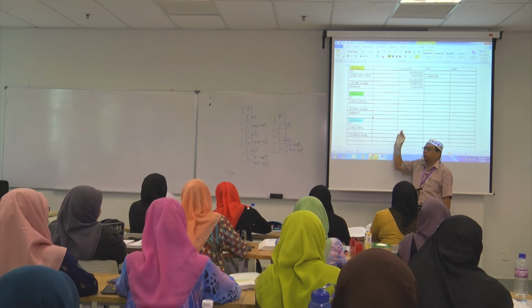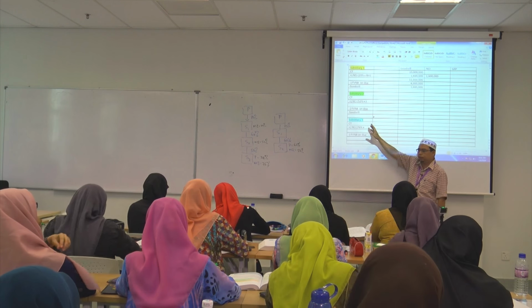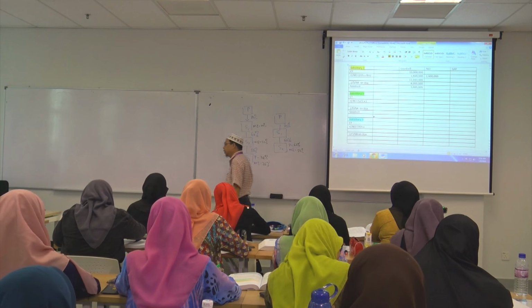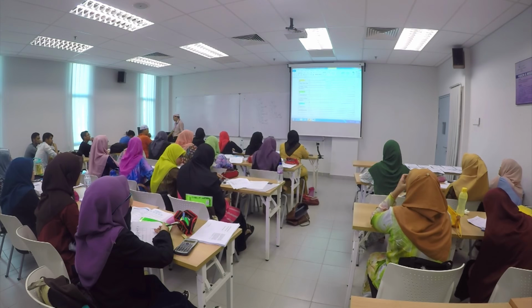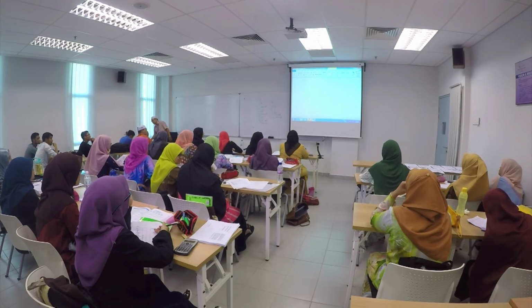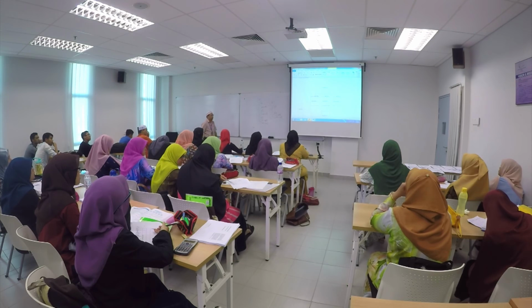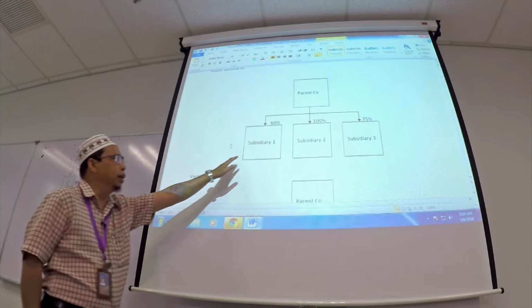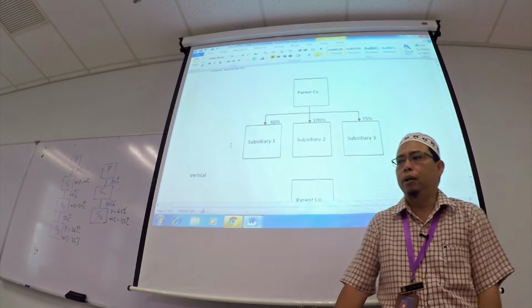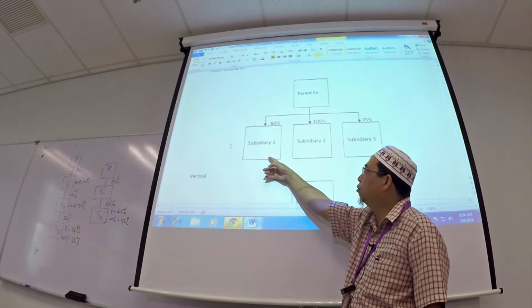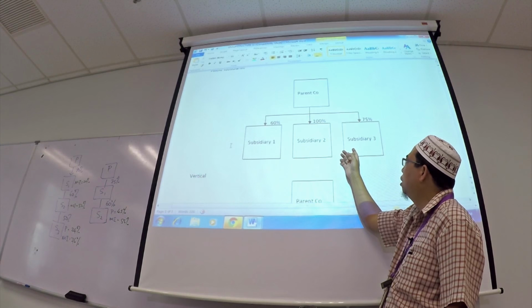Okay. So if you want to apply this to our earlier case, if you look at this group structure, so we have subsidiary 1, 2 and 3, but we will only calculate for subsidiary 1, subsidiary 3.